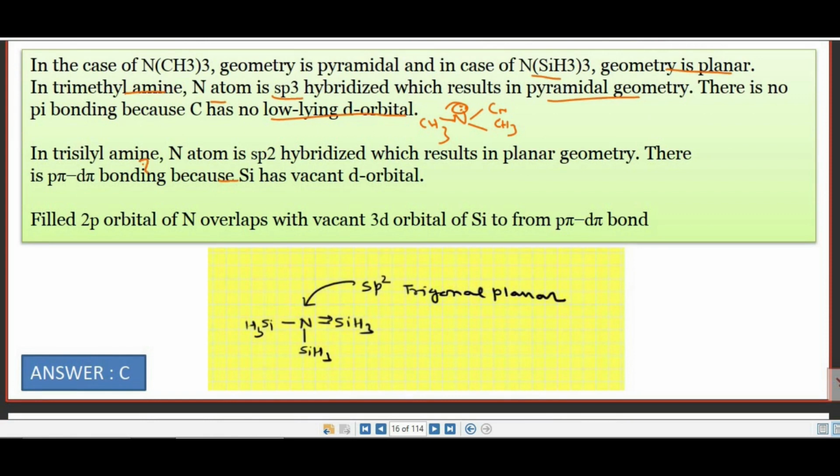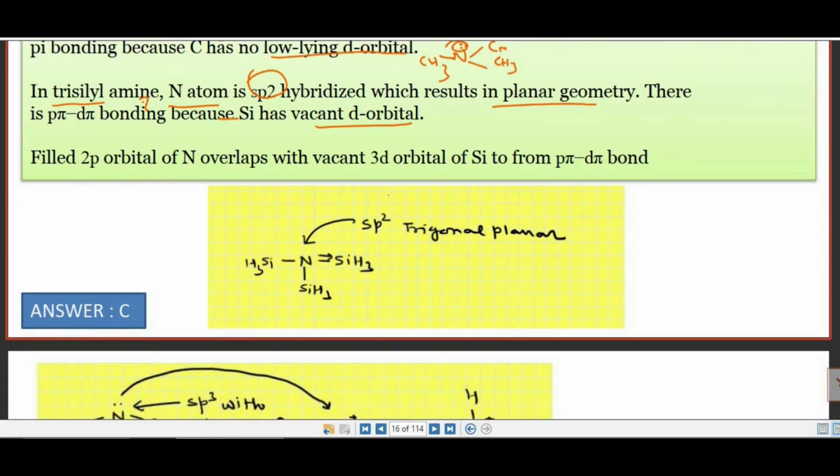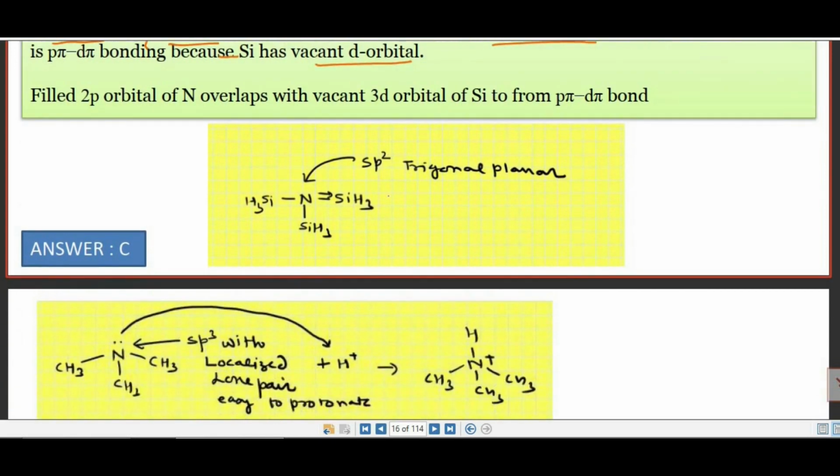Whereas in trisilylamine, the nitrogen atom is sp2 hybridized, which results in a planar geometry. There is pπ-dπ bonding because silicon has a vacant d orbital. The filled 2p orbital of nitrogen overlaps with the vacant d orbital of silicon.